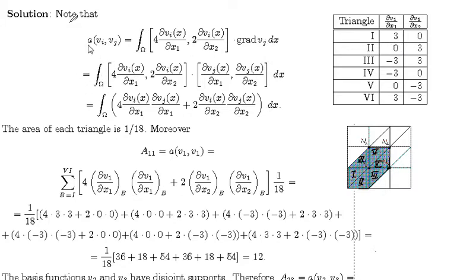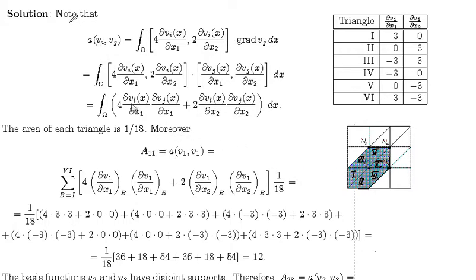So the general formula for the coefficients, the capital A ij coefficients, is like this. Here we just use the general theory, and we obtain this integral. Note that the area of one such triangle is 1 over 18. That is because this length is 1/3, this length is 1/3, and in order to find the area, we multiply these values and divide by 2.